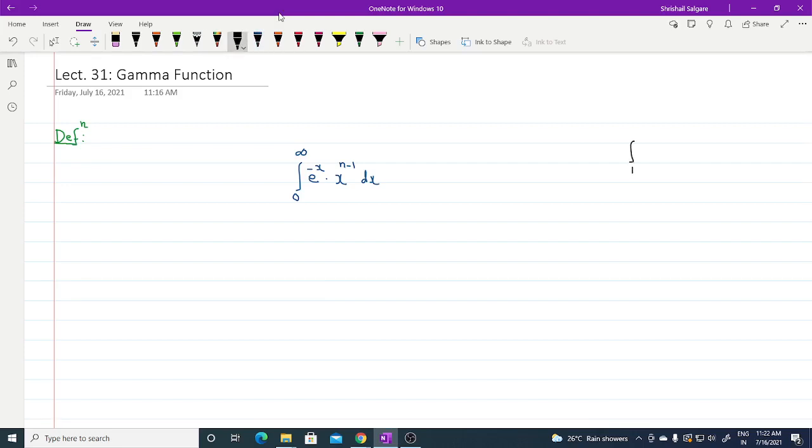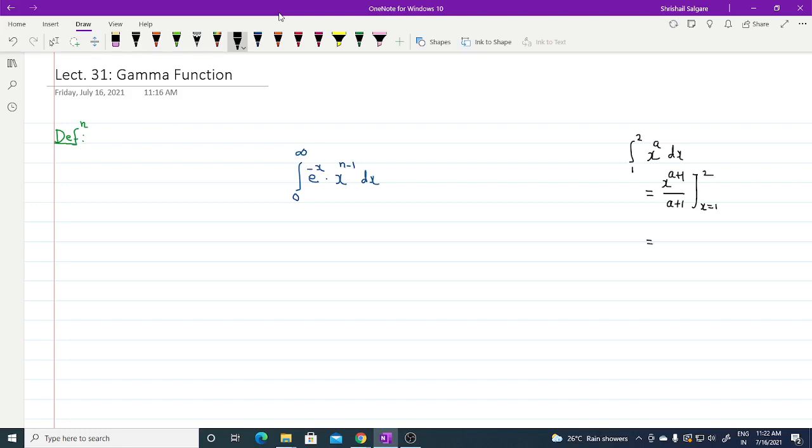Suppose integral 1 to 2 x raised to a dx, means what you are doing, you are taking integration of x raised to a as x raised to a plus 1 divided by a plus 1, and finally you are substituting the lower limit for x and upper limit for x.